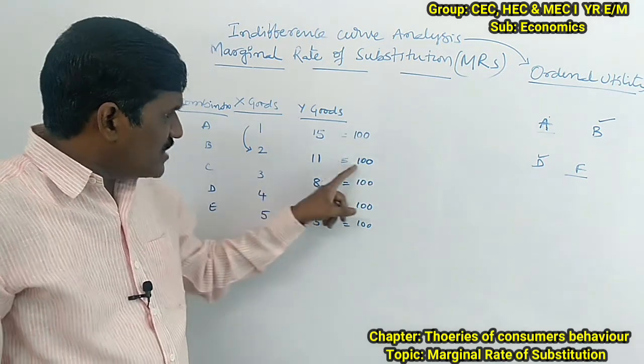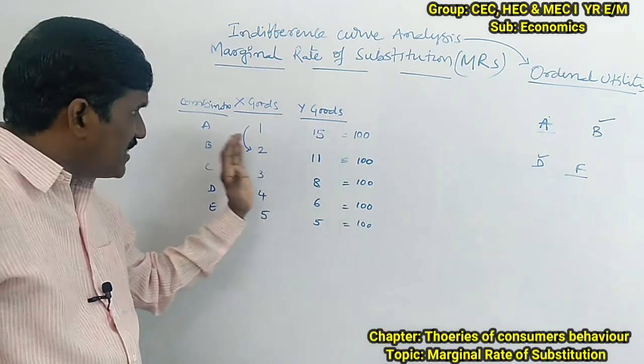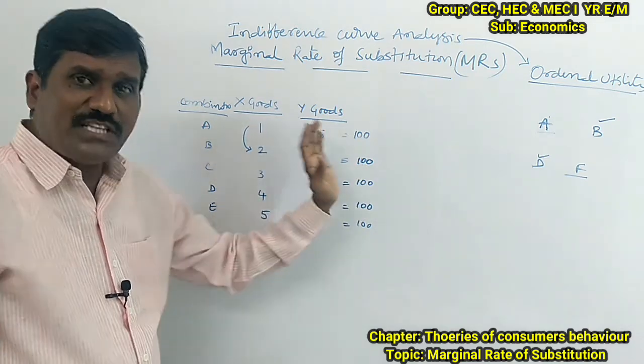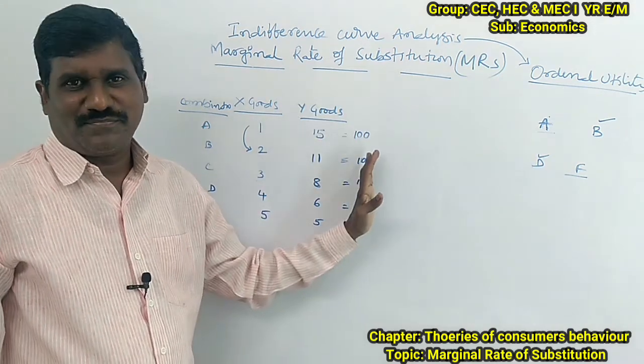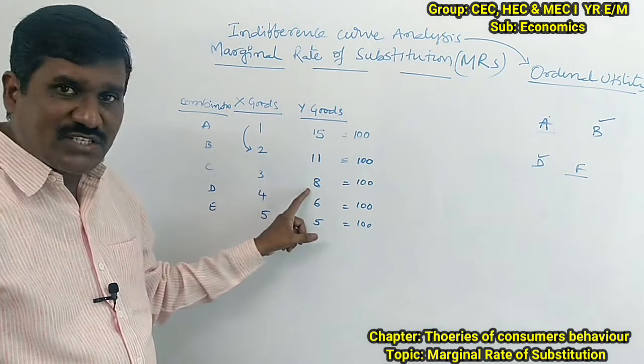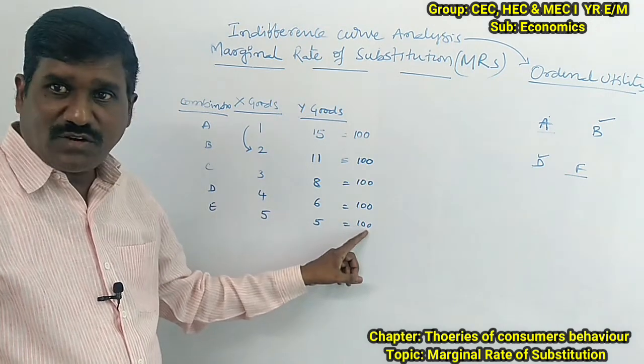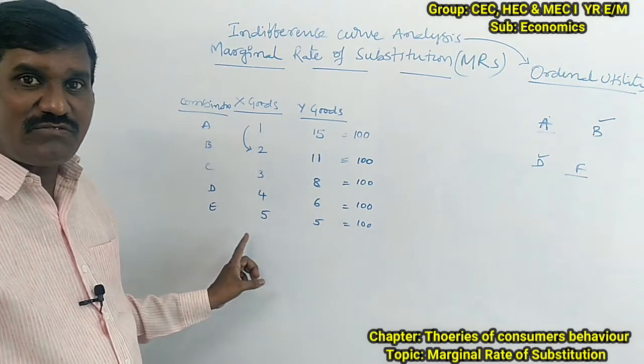The second one also gives the same units. Why, sir? It means that for any changes in x and y, the satisfaction given is the same. The third, the fourth and the last one also give the same satisfaction.